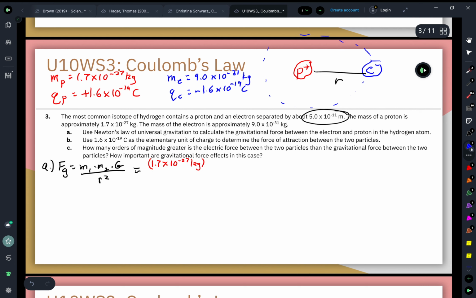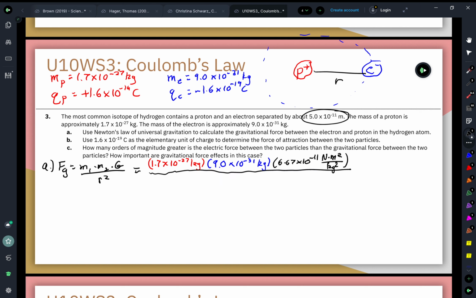The mass of our electron is 9.0 times 10 to the negative 31st power kilograms, and that capital G is our gravitational constant of 6.67 times 10 to the negative 11th power newtons meters squared over kilograms squared. And then all of that is going to be over the distance between these two, which is going to be, in this problem, 5.0 times 10 to the negative 11th power meters, and make sure we remember to square that.